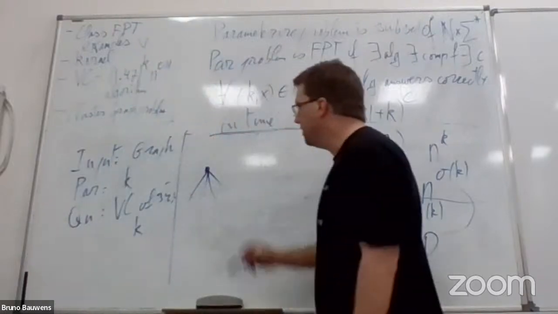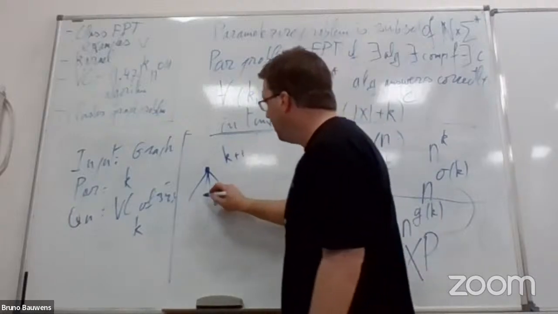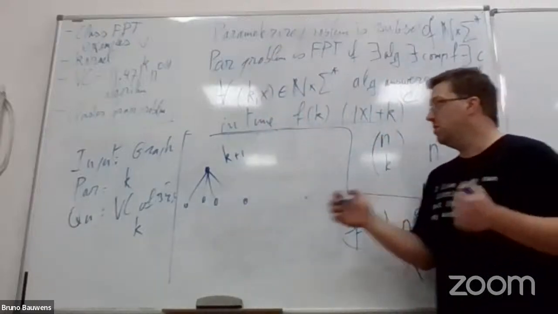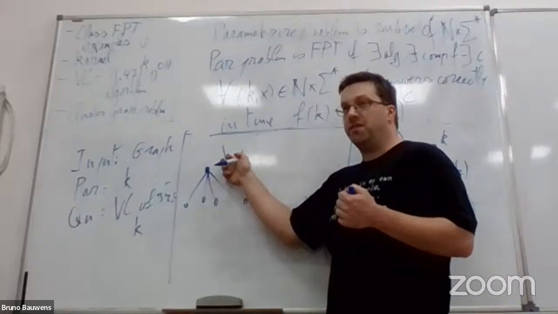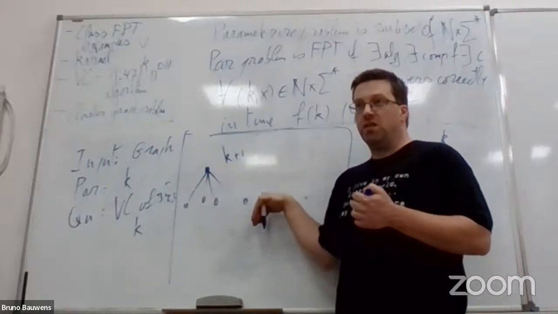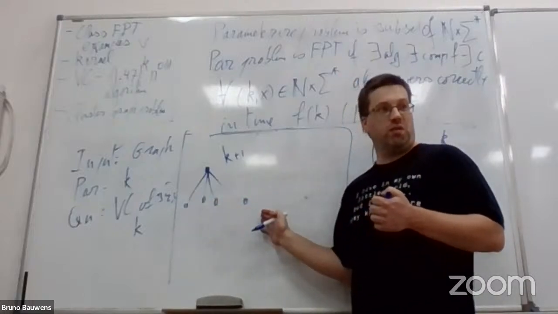Okay, so now I've said that. Imagine that we have a node of degree k plus 1. Then I claim that we can reduce the problem because we know this node must be in the vertex cover. If it's not in the vertex cover, all the neighbors must be in the vertex cover, but this is impossible because we would need k plus 1 nodes or more.